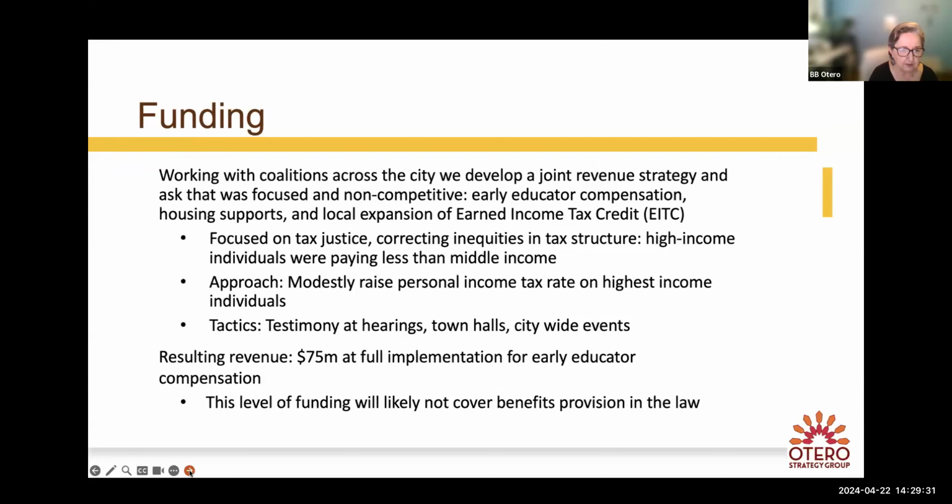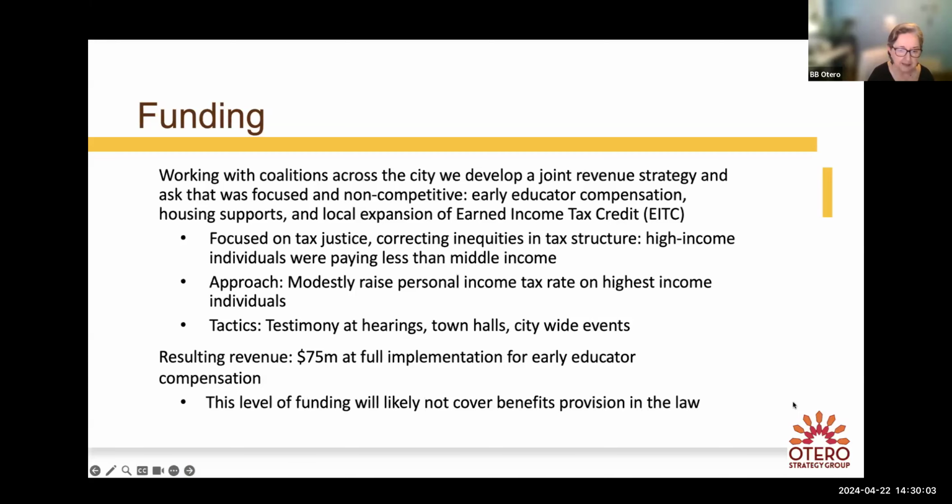And so we were able to work with other coalitions to develop a joint strategy. We talked about the things that affect our families, and housing being one of them, EITC being another. And so we worked with a coalition and came up with a joint effort of early educator compensation, housing supports, and EITC. We focused on tax justice, so correcting inequities in the tax structure.